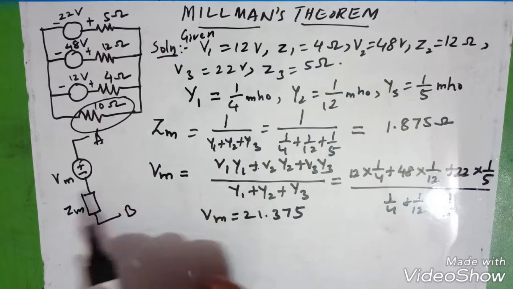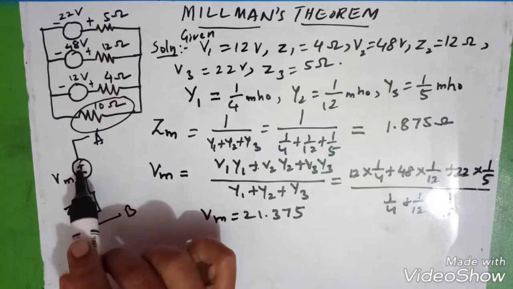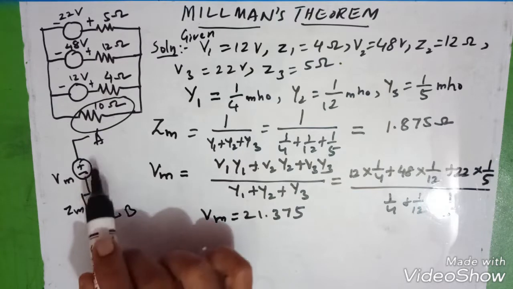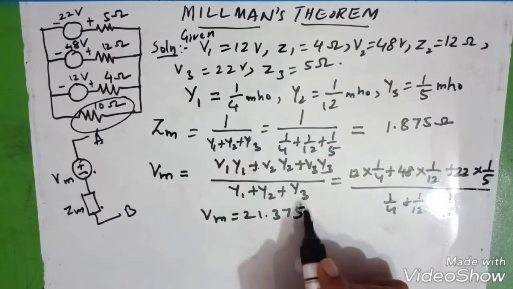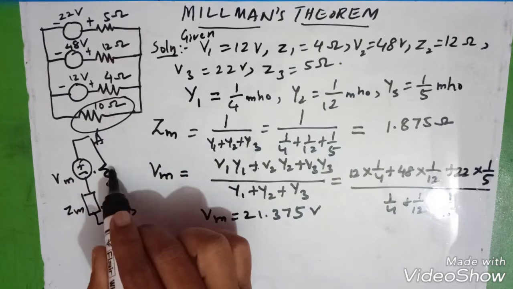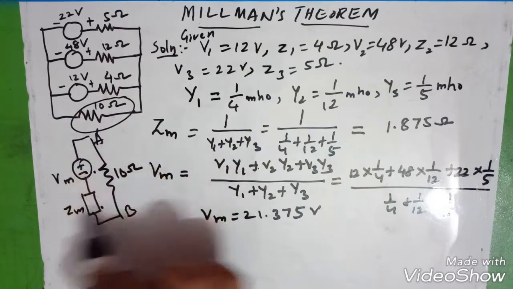21.375. So we have got the values of Zm and Vm: 1.875 ohm as Zm and 21.375 volt as voltage. Now we have one more resistance, the 10 ohm across it, so we have converted this.